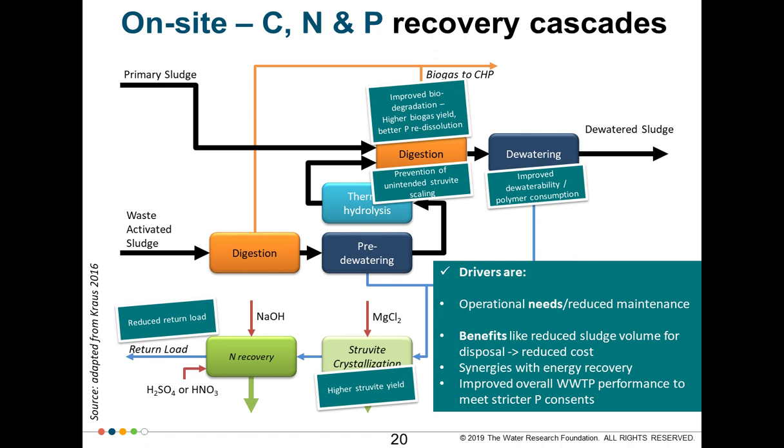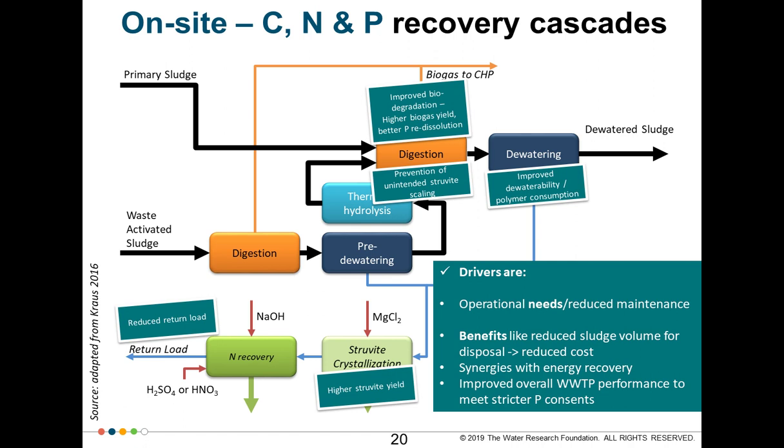Just to give you one example, so there could be much more, but of course we could speak a whole day on phosphorus recovery, so that's just one example I picked to show you that it's possible to combine P recovery also with the recovery of energy and nitrogen.